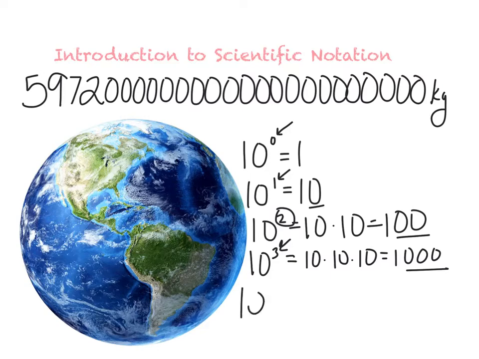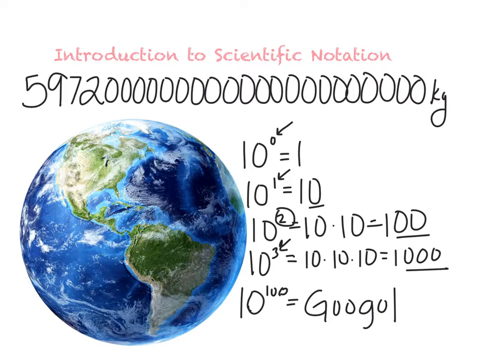A side note, an interesting fact is 10 to the power of 100 by definition is called a googol. And you might be wondering, why am I writing googol like that? Well, before Google, as we know, was around, the definition of 10 to the power 100 was called a googol, and it was spelled G-O-O-G-O-L.